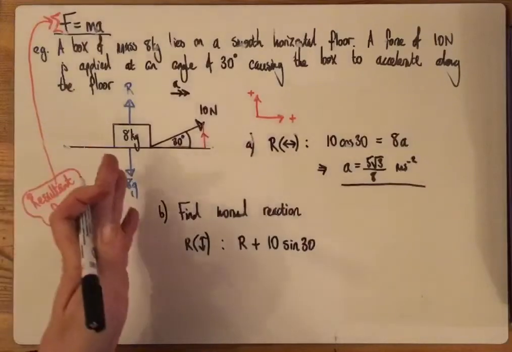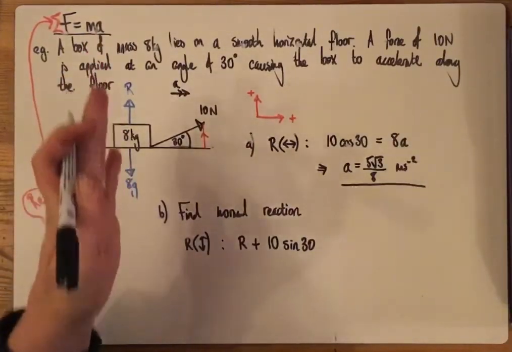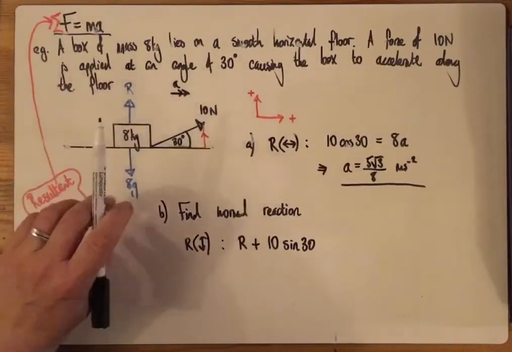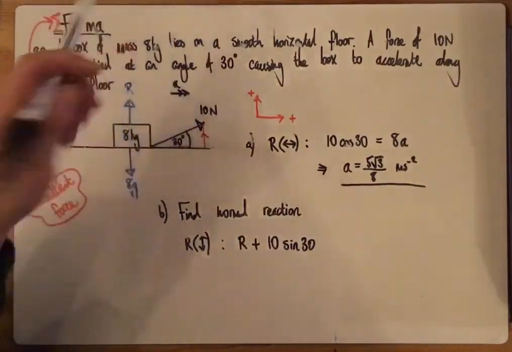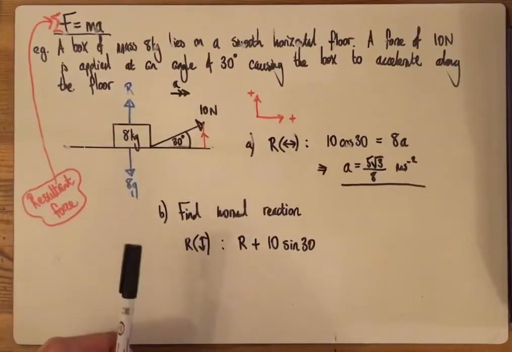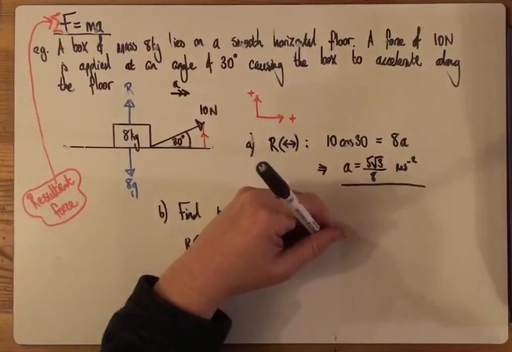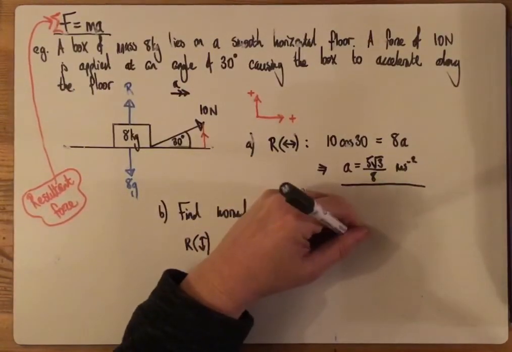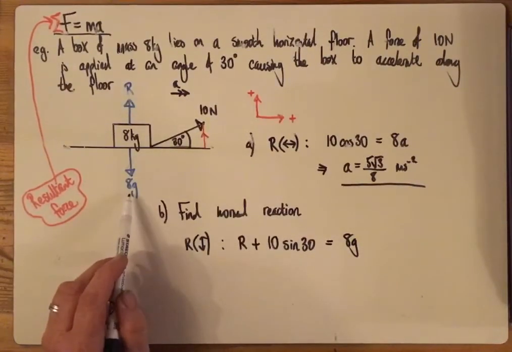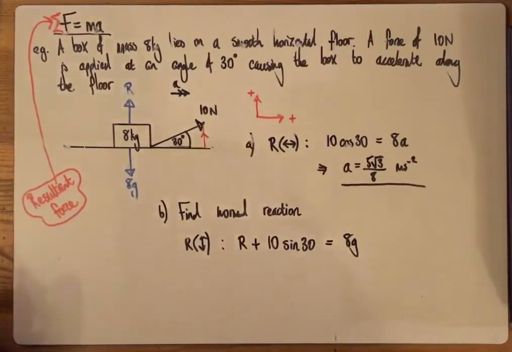And then there's no movement vertically, so these forces are in equilibrium. And so anything acting upwards, the total of that will have to equal the total of all things acting downwards, or you can add them to get 0 if you prefer to think of it that way. And so this is equal to 8g, or you could write that as minus 8g equals 0, as this is acting in a negative direction.